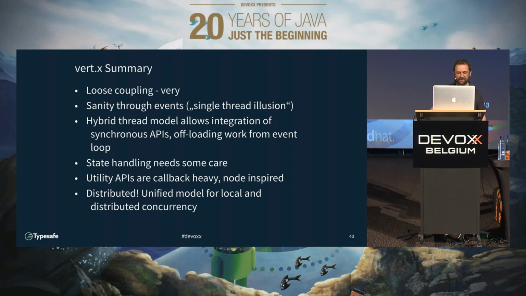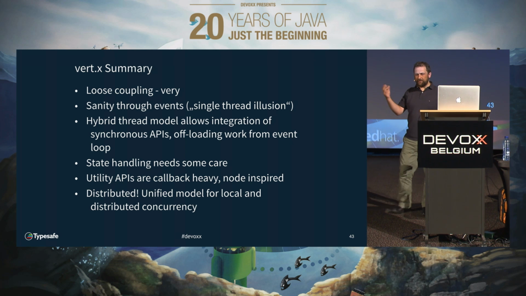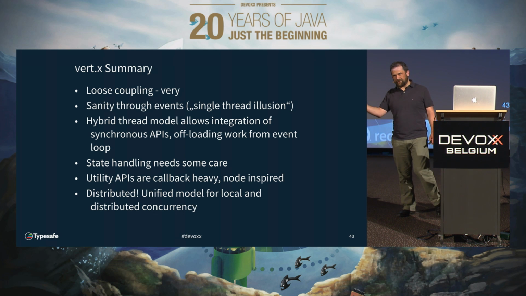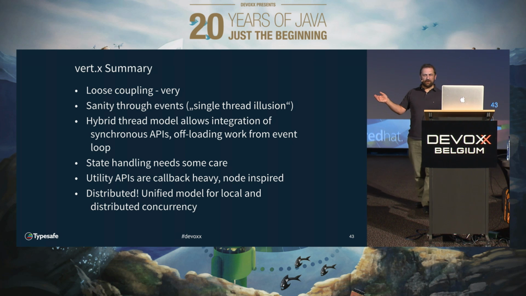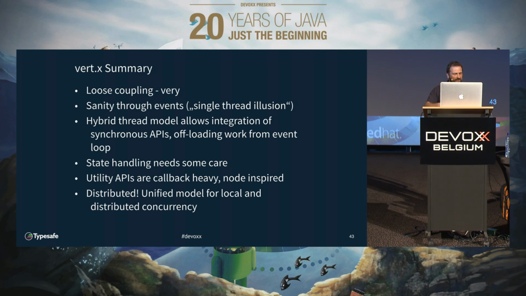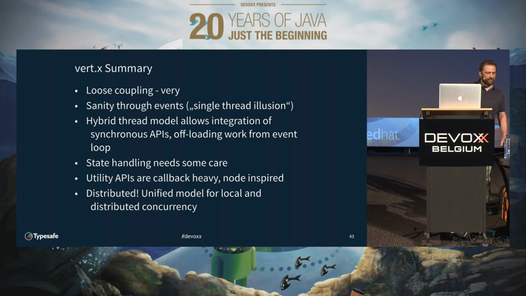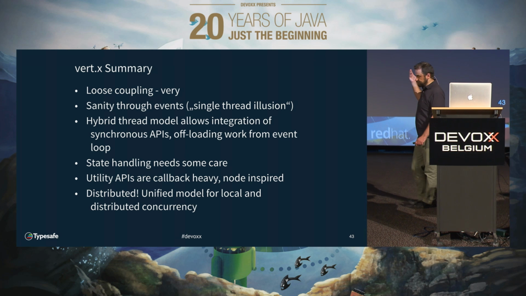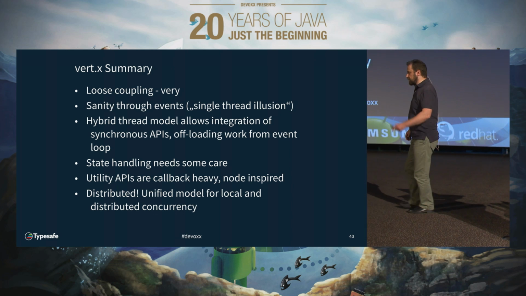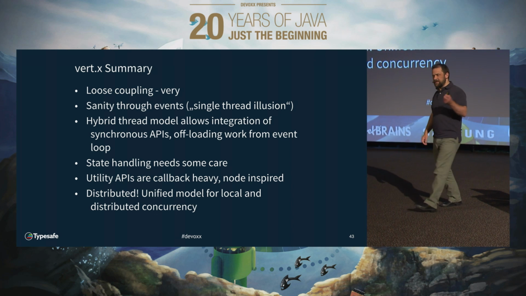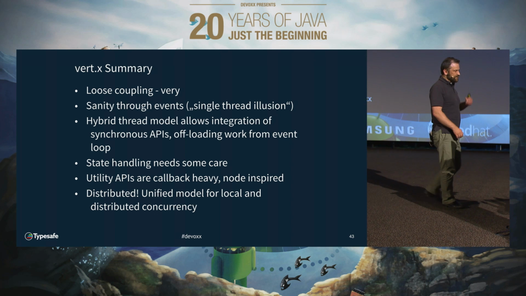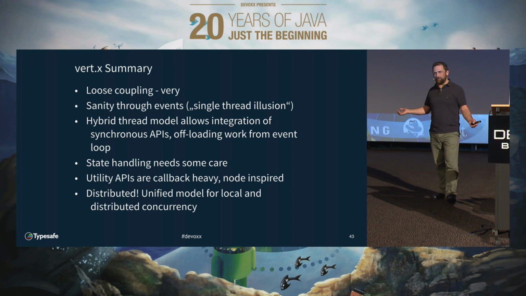State handling, encapsulating state in verticals, needs some care. You have to be aware of the identities of the verticals, or if they're not to be identified, you just use it as a general address for load balancing. And in this example there wasn't room for this, but something you get with it is distribution, because Vertex, this event bus, you can actually run it in the network.